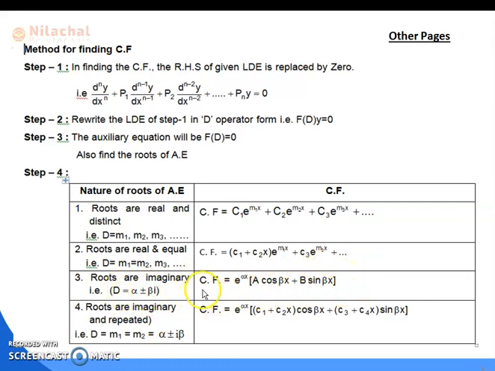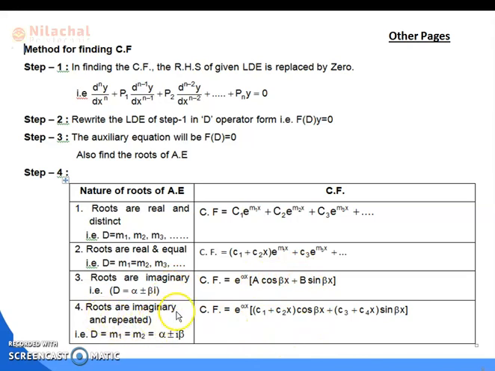CF equals e to the power alpha x, whole multiplied by a cos beta x plus b sin beta x, where a, b are constants. You can also write e to the power alpha x times c1 cos beta x plus c2 sin beta x. No problem, we can write any arbitrary constants here.